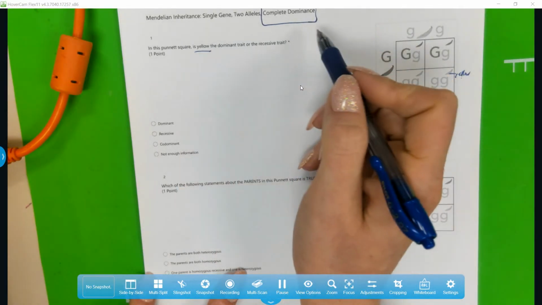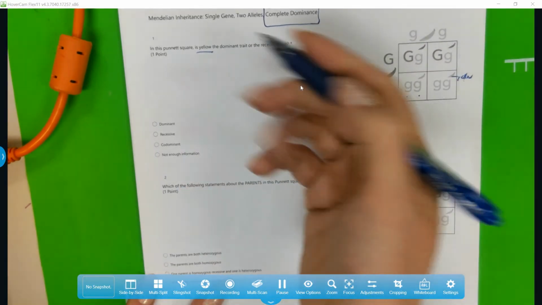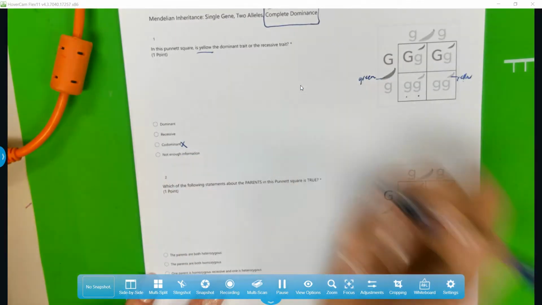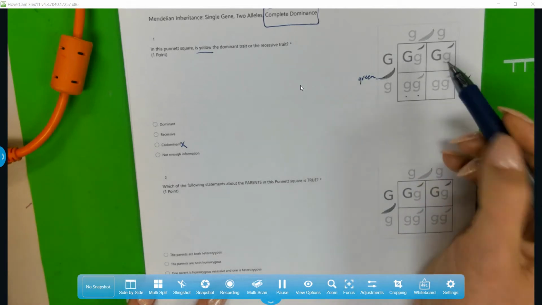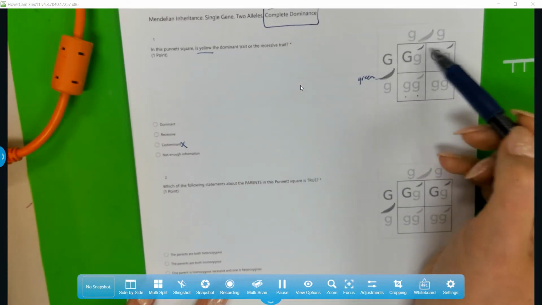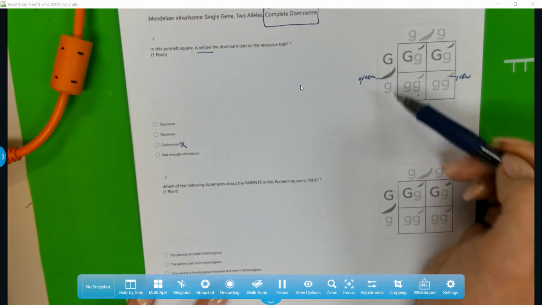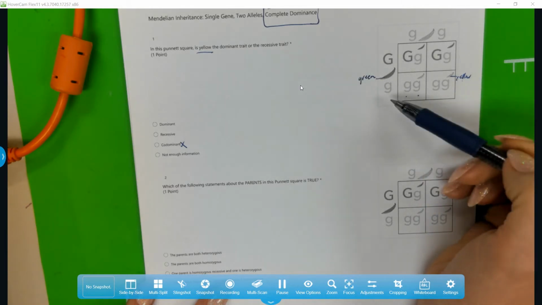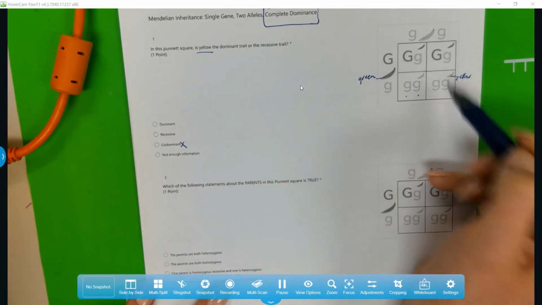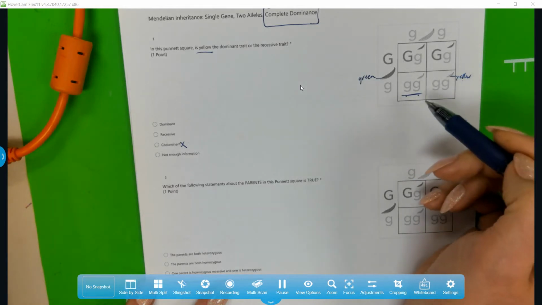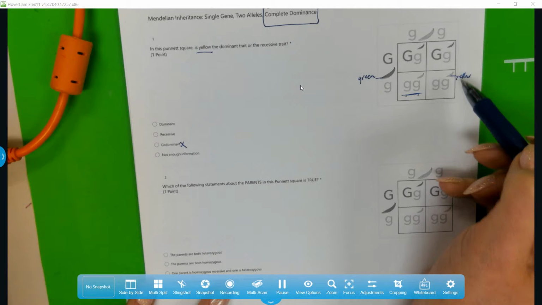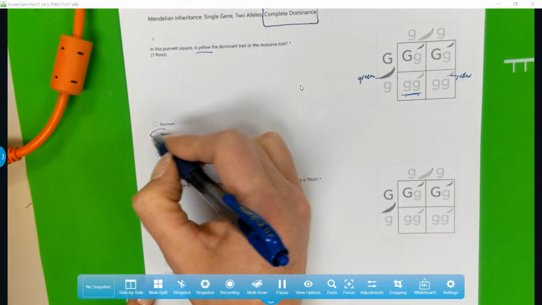So just purely by the fact that we are in the complete dominance section, you could eliminate codominant strategically. You could also eliminate codominant because none of these phenotypes are both green and yellow, which is what it would be if it was codominant. So anyways, 2 lowercase letters is the recessive genotype, and it's going to show the recessive phenotype, in this case, which is yellow.